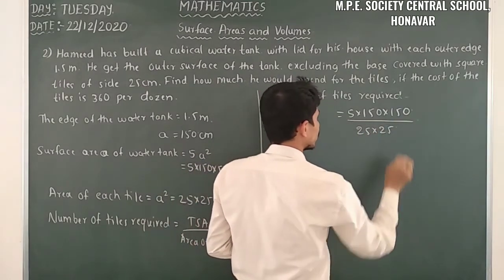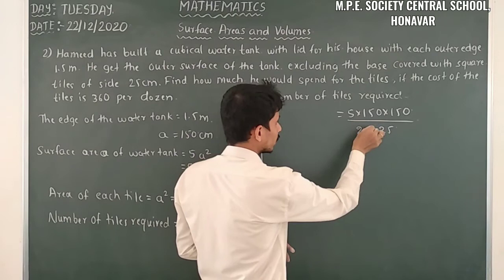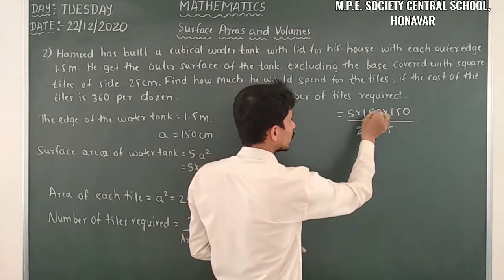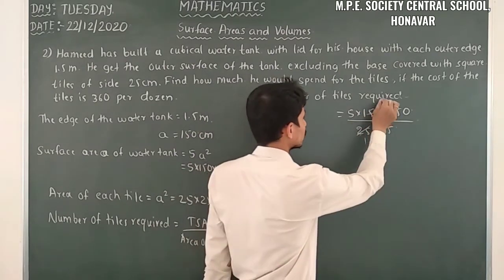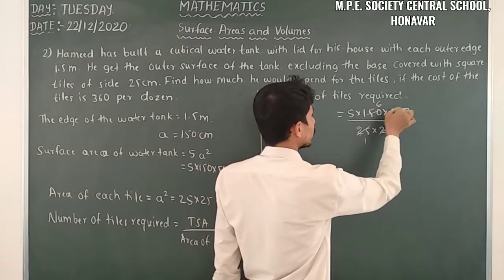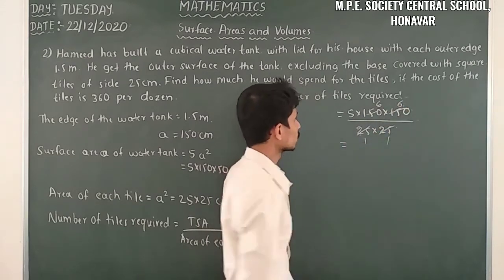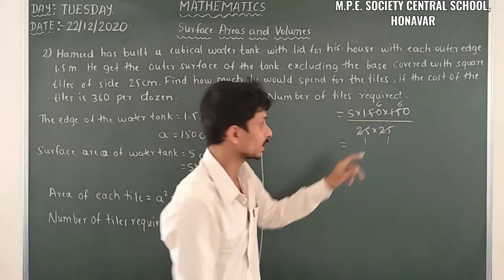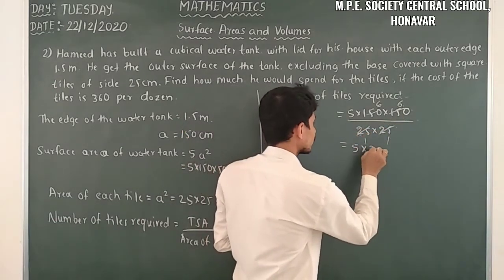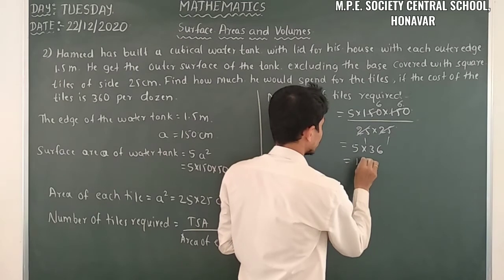Here we have 25 into 1 and 25 into 6. So 6 into 6, 36. 5 into 36 is equal to 180.